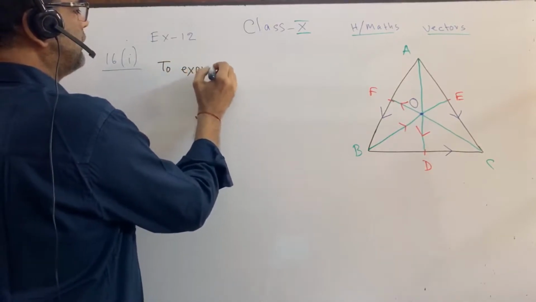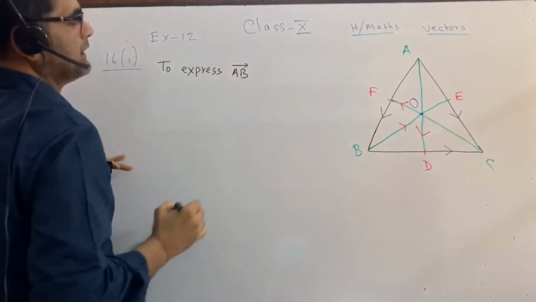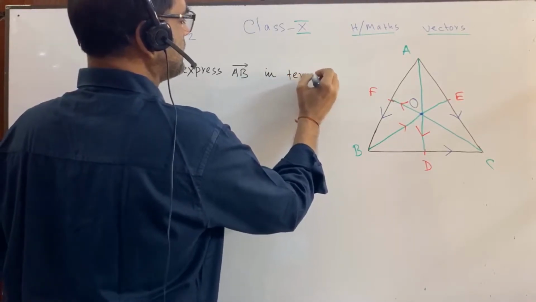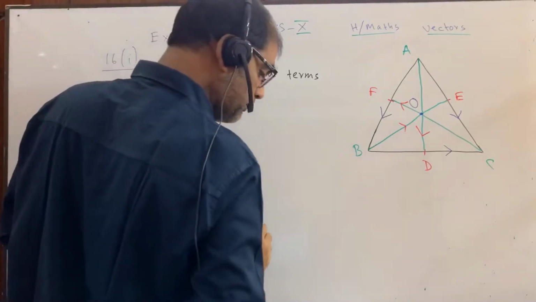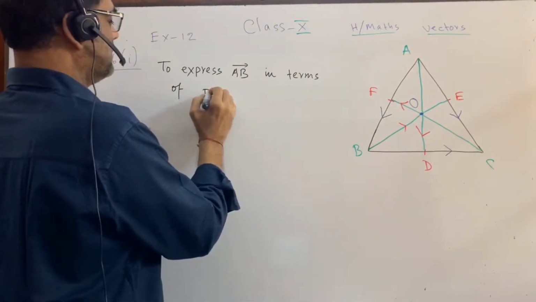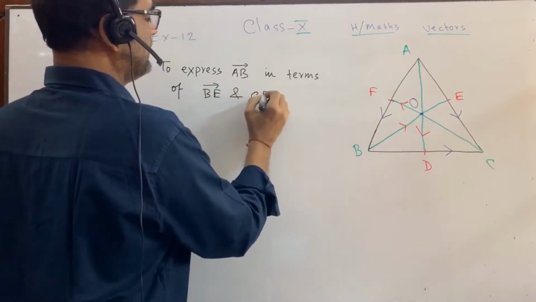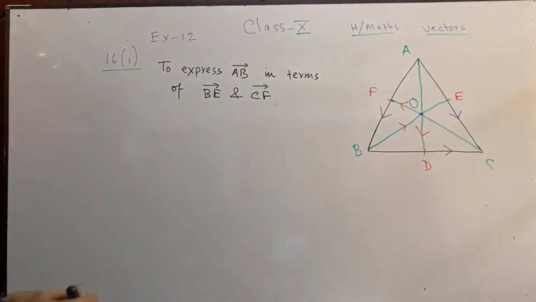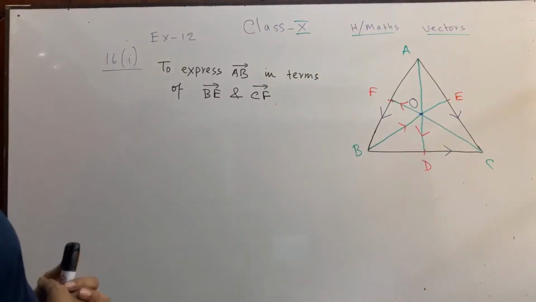Write down: express the vectors AB in terms of BE and CF. Okay, we have got the question to express AB in terms of BE and CF.